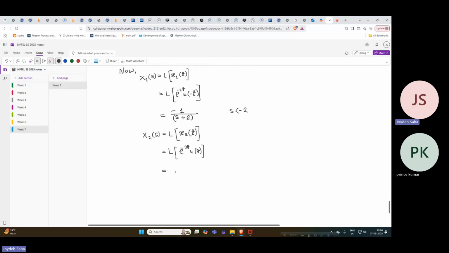It is simple, 1 upon s plus 3, with s greater than minus 3. Now the question is, what will be the region of convergence?